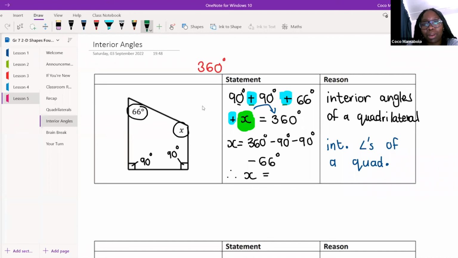If something is plus on this side, we can't decide to divide it on the other side. We need to minus on each side. So my x over here is going to be 114. I agree with the ones who said 114. That's the correct answer. If you got 114, you've got the correct answer, because you minused properly. 360 minus 90 minus 90 minus 66 will give us 114.